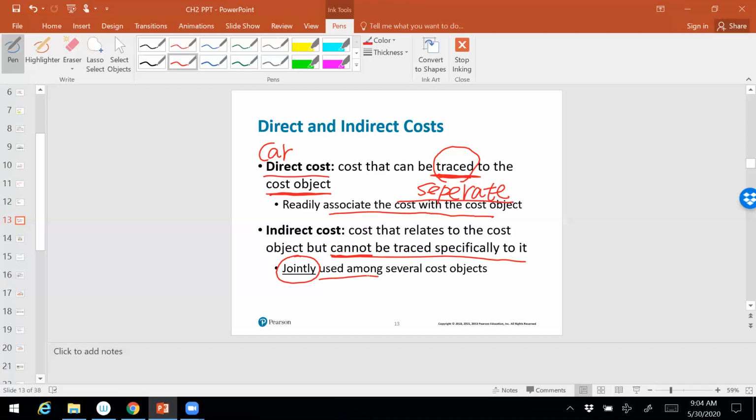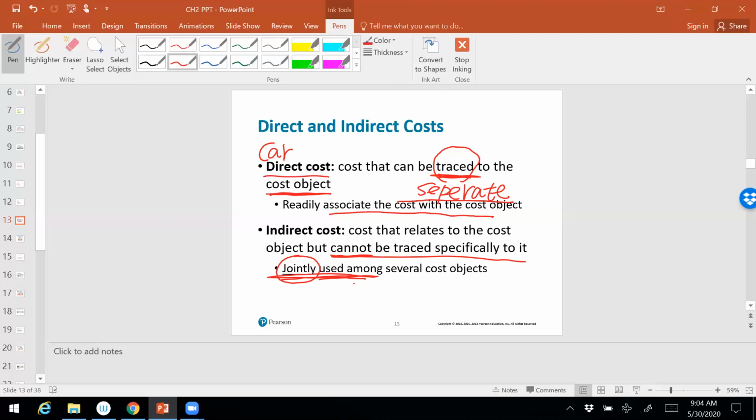To make sure the parts connect perfectly. So you have one small drop to this car, you have the other small drop to that car. So all the cars jointly use that lubricant, the oil, they jointly use that material. Then that will be indirect cost.